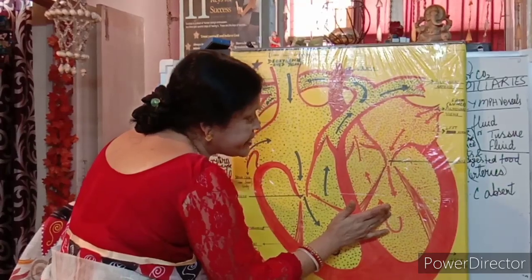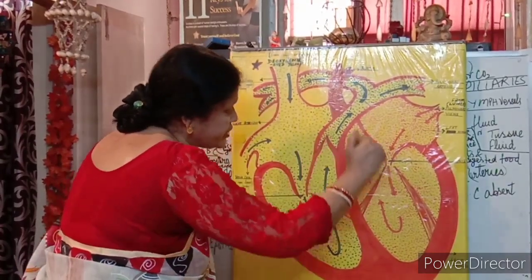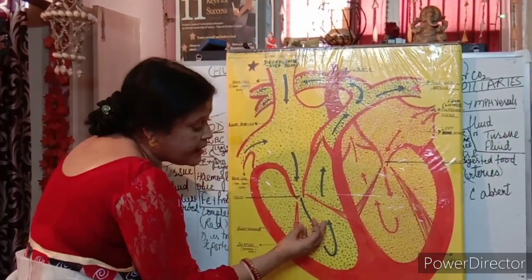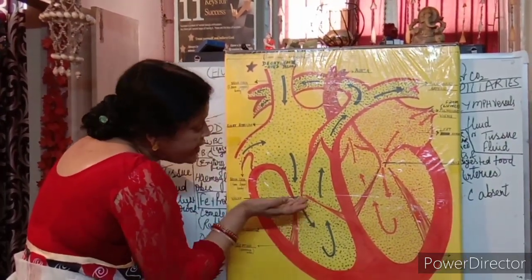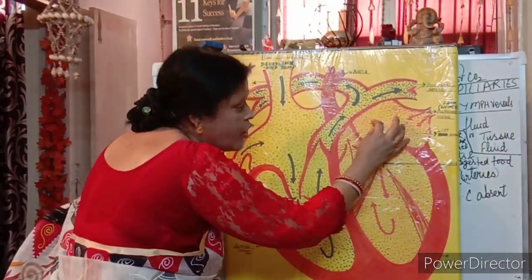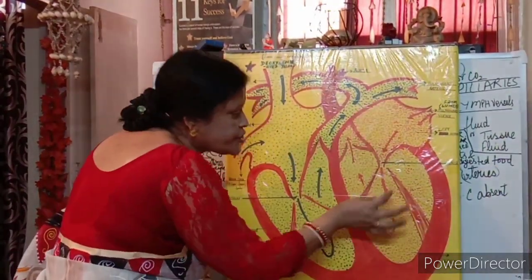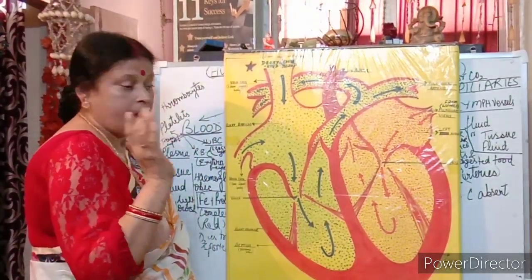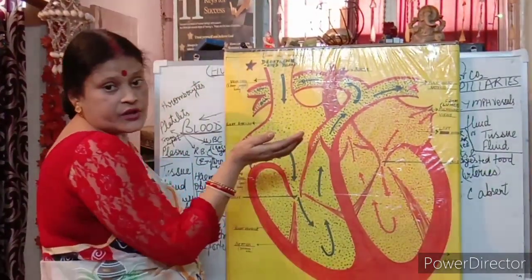Due to pressure, the deoxygenated blood will enter inside the right ventricle and the valve gets closed. And the oxygenated blood from left atrium enters into the left ventricle and the valves get closed. Clear? Blood will not go back or reverse order.